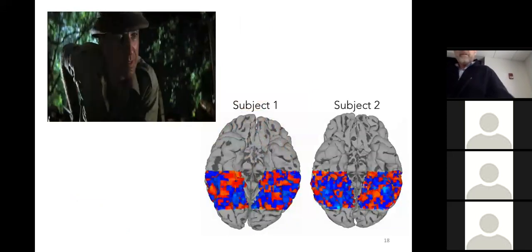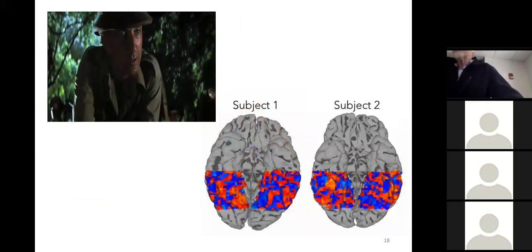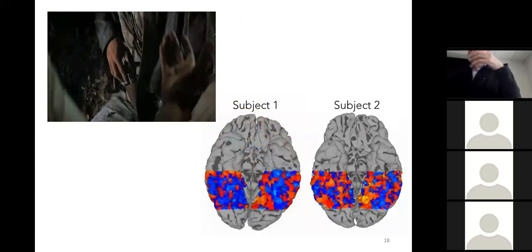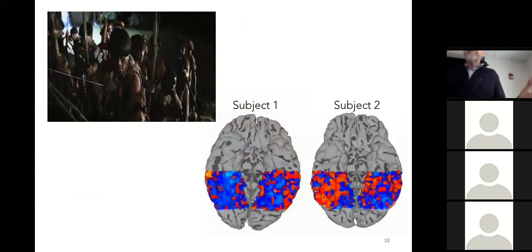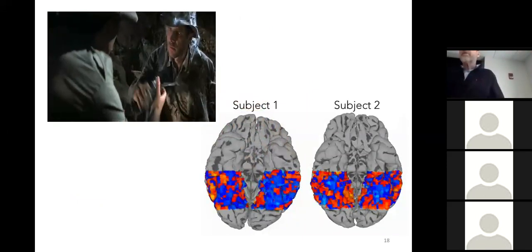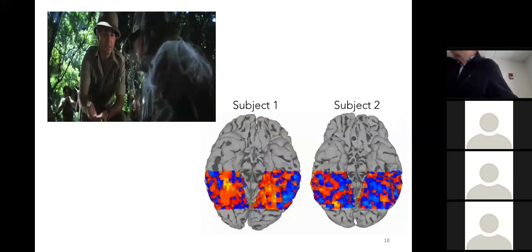You can see that there's lots going on. It's a very cluttered scene, it's dynamic. There are voices, there's background music, there's a storyline. All of this is providing a rich cognitive space that is part of watching a movie.